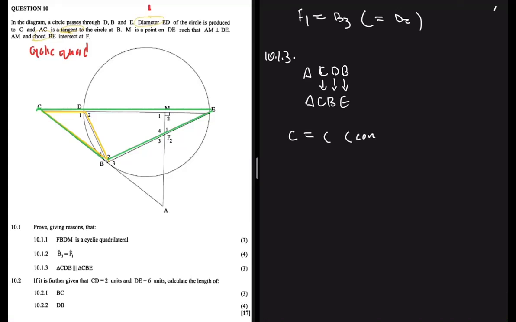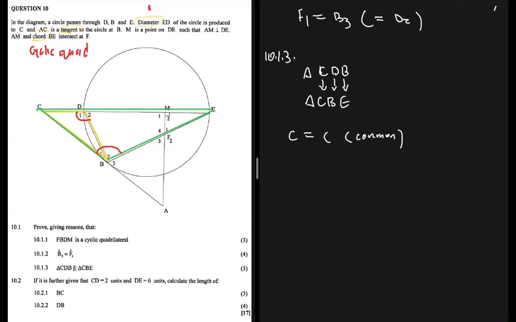So the reason would be common. They have a common angle. So now we can look for this angle D1 here to be equal to this entire angle. If we look at the diameter, it doesn't tell us much about B2 being related to D1.